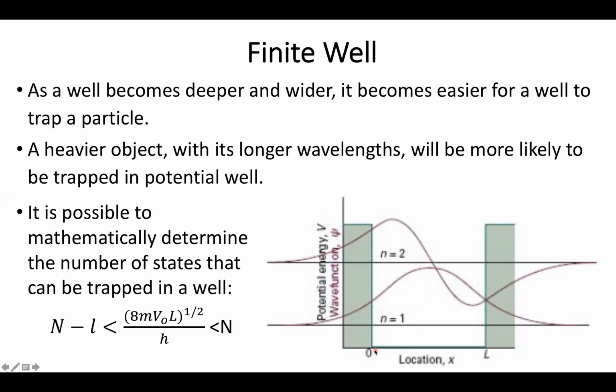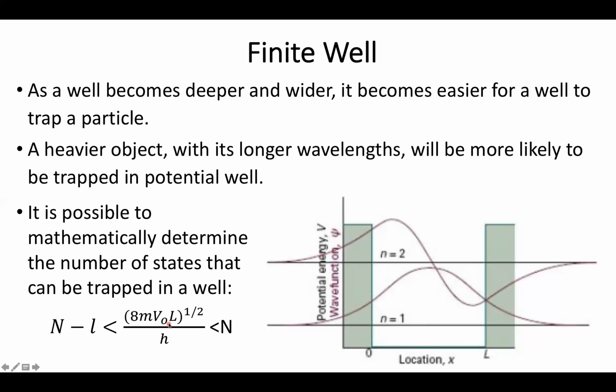So a wide, shallow well can keep a particle fairly well trapped, or a narrow, deep well can also keep a particle well trapped. And again, you can kind of think of this in the same lines of how much water can I hide in a hole. Either you can put all your efforts to making a big hole that isn't very deep, or vice versa.